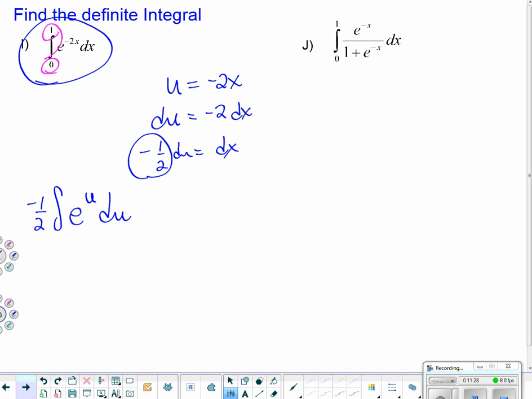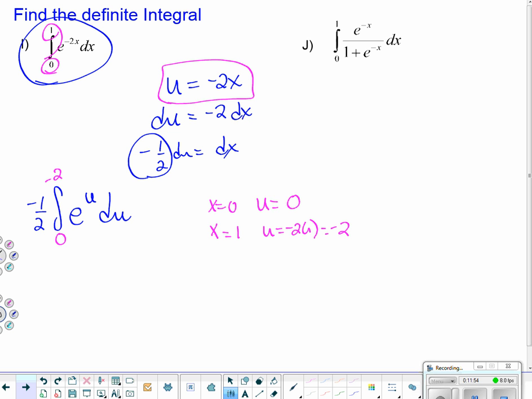And remember, I put them in when x is 0. I go back to my relationship between u and x, and I'd have negative 2 times x, or negative 2 times 0, which gives me 0. This will stay 0. But what about when x is 1? When x is 1, u becomes negative 2 times 1, which gives us negative 2, which introduces a whole other problem.